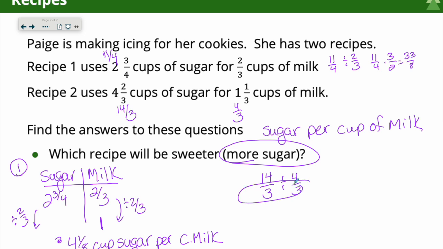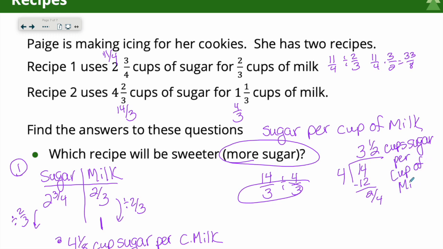They have the same denominator, so I'm just going to divide the numerators. 14 divided by 4 gives us 3 2/4, or 3.5 cups of sugar per cup of milk. And so recipe 1 uses more sugar per cup of milk, which makes it sweeter.